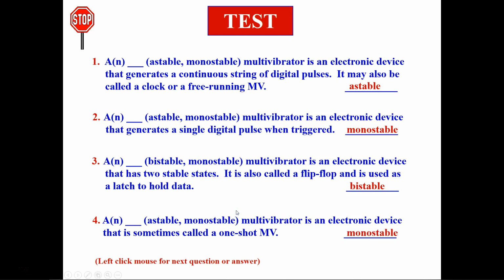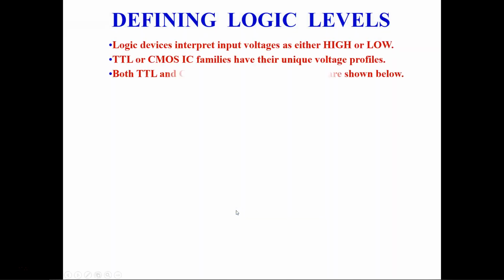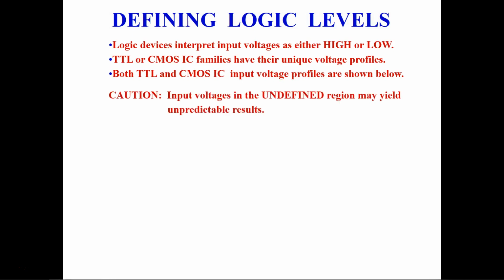So there it is. Now let's see defining the logic levels. How we define the logic levels is important. These logic devices interpret input voltages as either high or low. The most commonly used are TTL or CMOS.